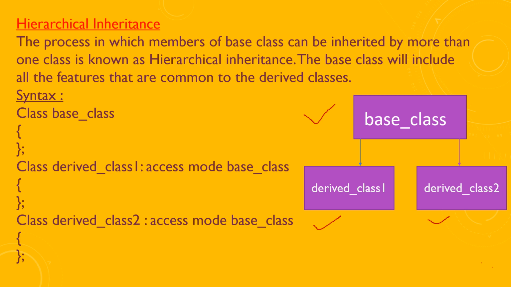Okay, so let's see the syntax. For using the hierarchical inheritance format, we will use this particular syntax. So what we need to do? Remember there is one base class. So till now we have seen that to create a base class, we just have to create a class as we normally do.